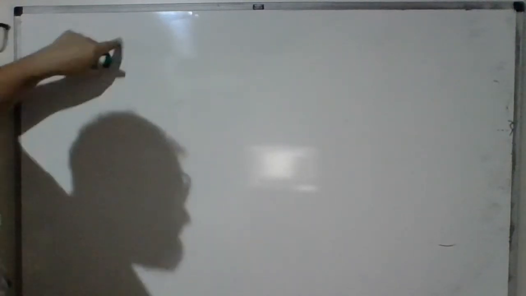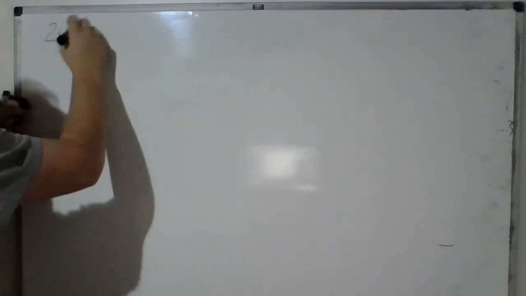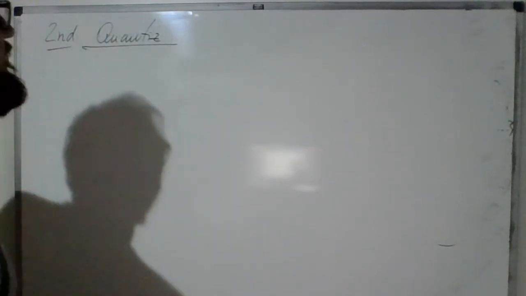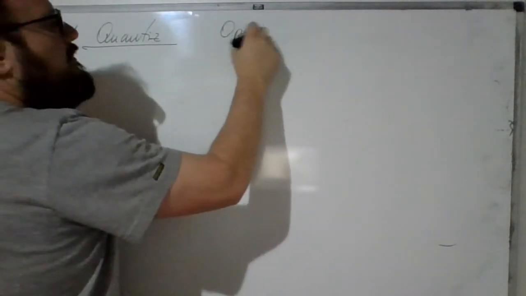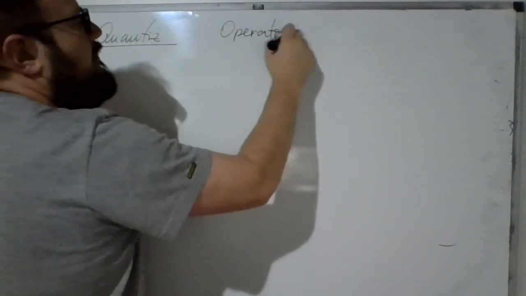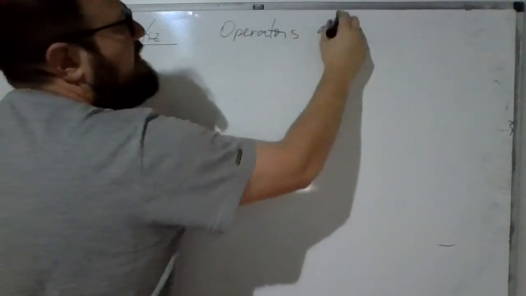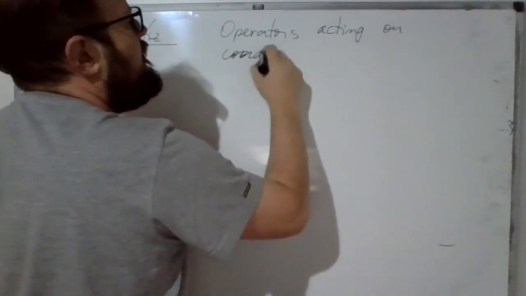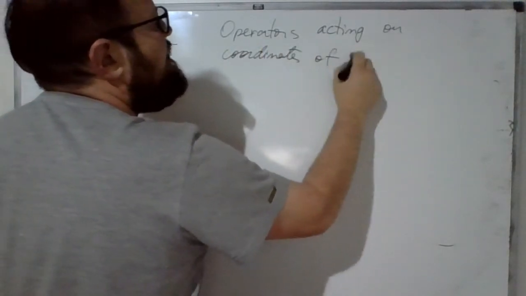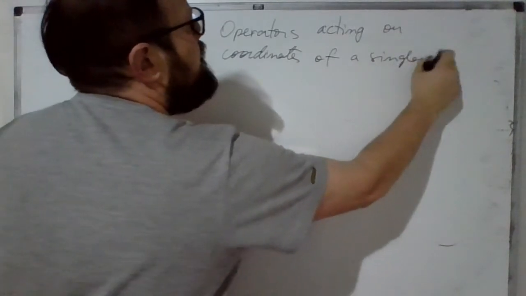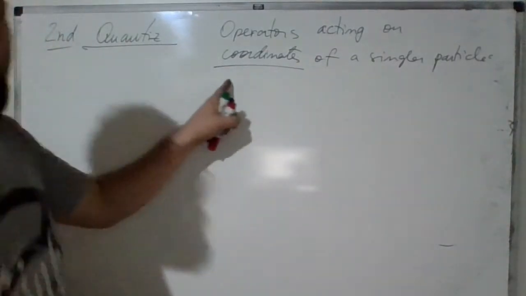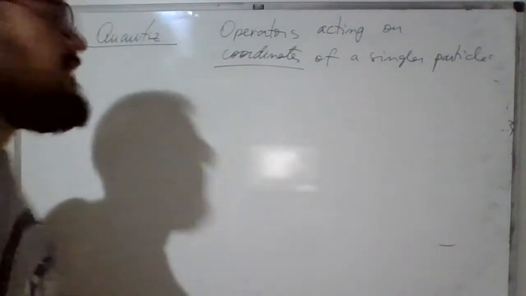Okay, so if you have an operator, the Hamiltonian operator in second quantization, so the first case, operators acting on coordinates of a single particle. Okay, what is the coordinates? It could be position, it could be momentum, it could be anything.